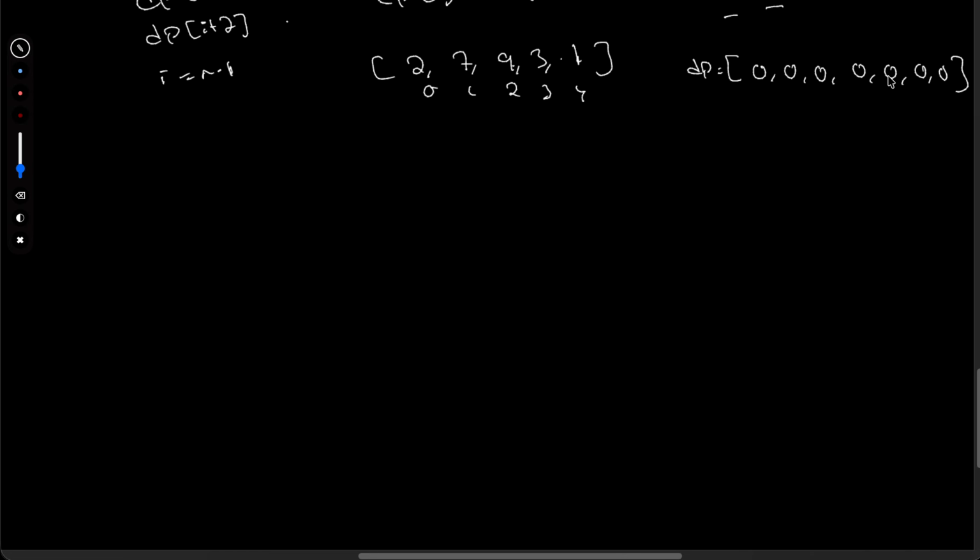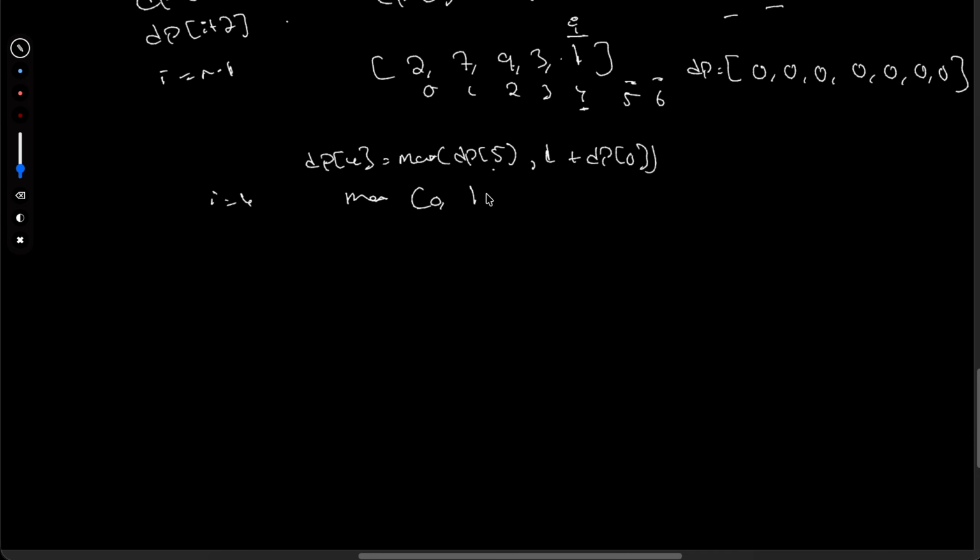We start from here. i is 4, so dp of 4 is max of dp of 5 and 1 plus dp of 6, so max of 0 and 1 is 1, so the answer is 1.